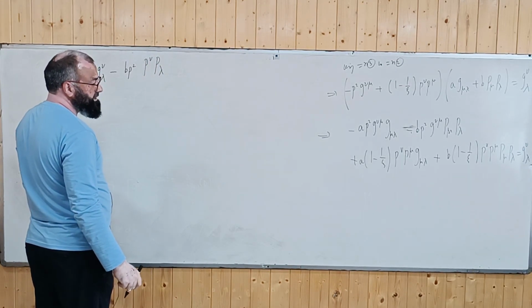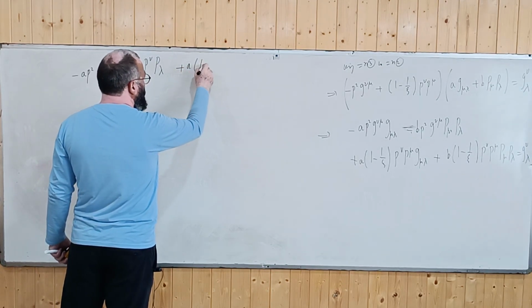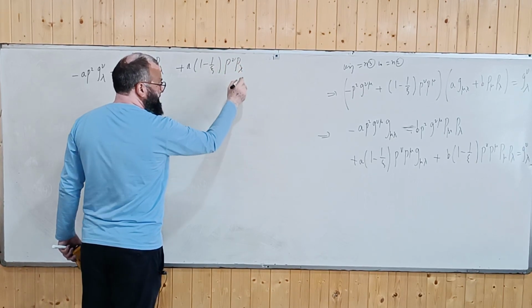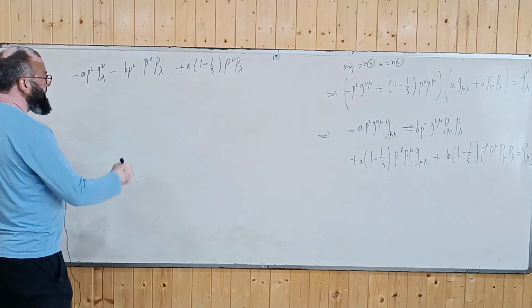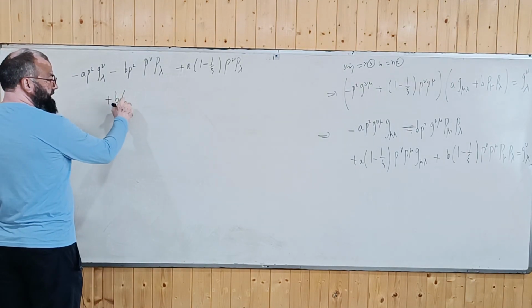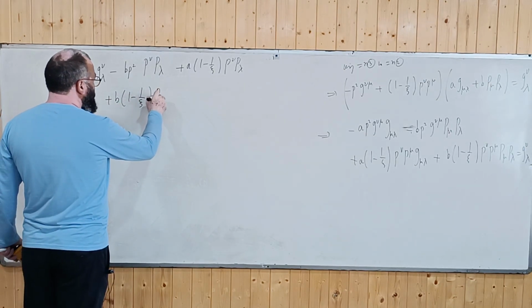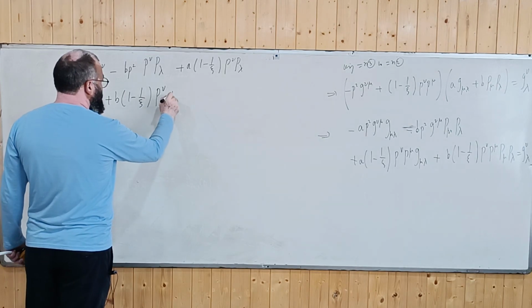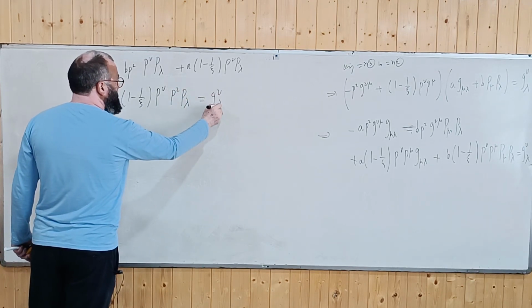Then I am having plus a into (1 minus 1 by zeta) p nu p lambda, where this mu will be contracted and replaced by lambda. Then plus b into (1 minus 1 by zeta), so p mu will be there, and actually p mu p mu is p squared, so it will be something like p squared p lambda, equal to g nu lambda.